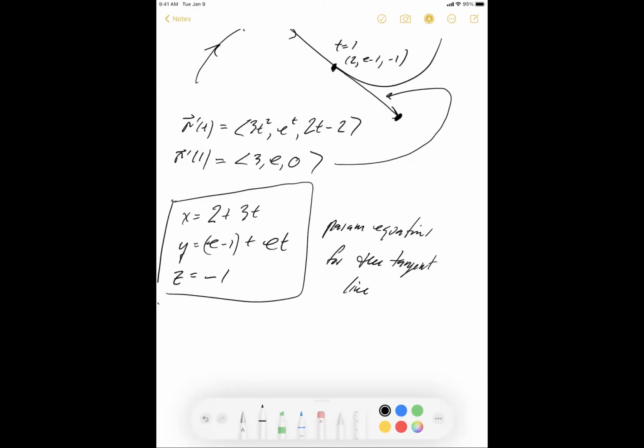So now the question is, the particle slips off and it travels in the direction of the tangent line. Where will it be 1 second later? Well, let's plug t equals 1 into here and find out.